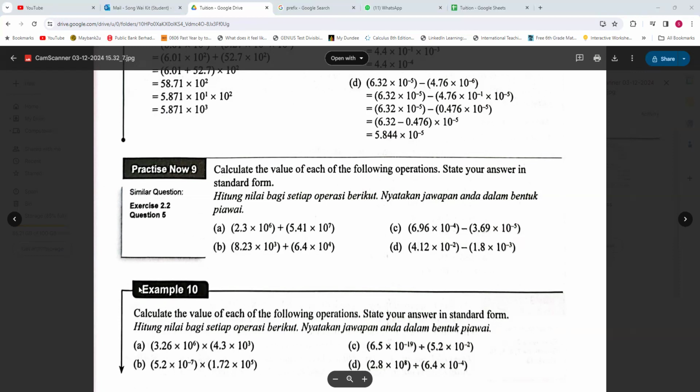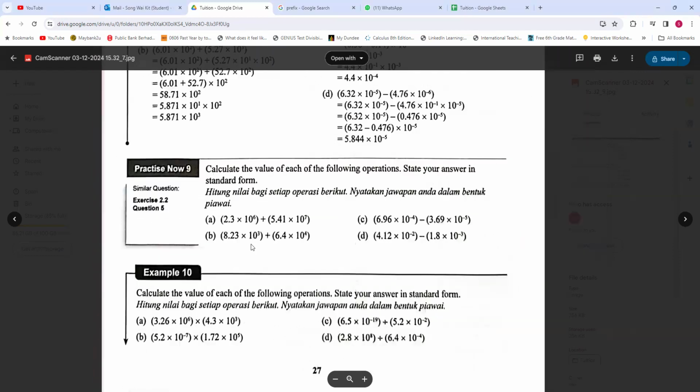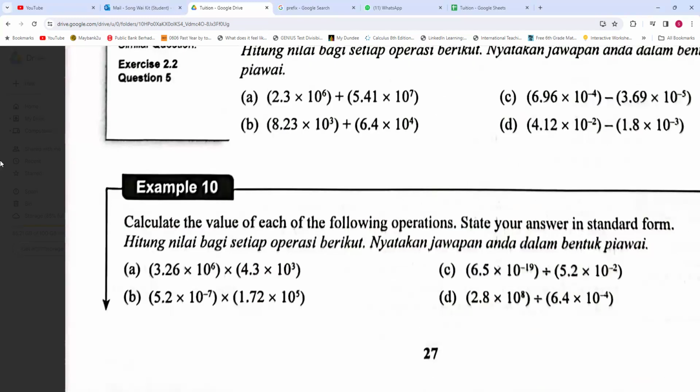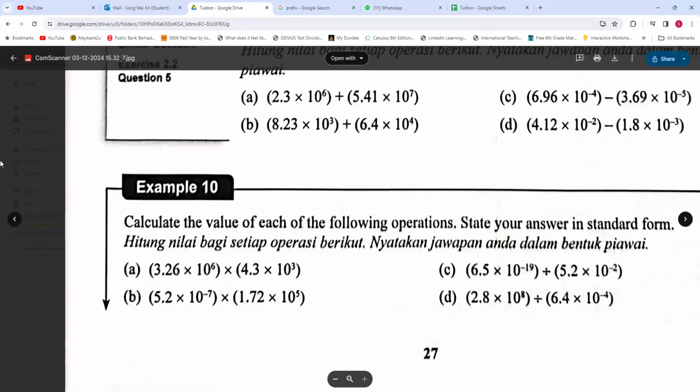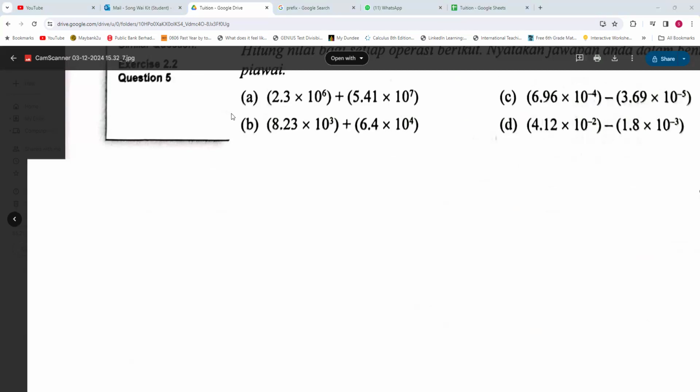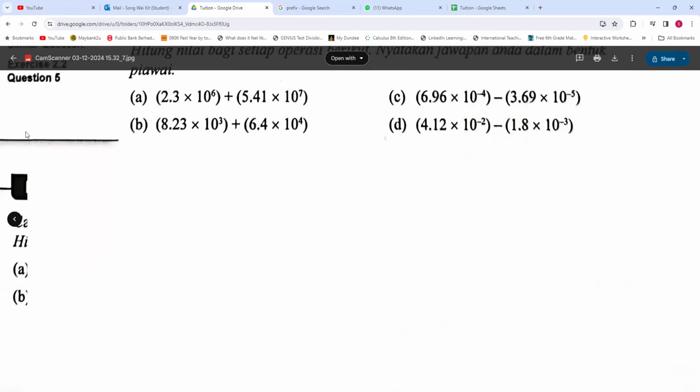All right, so we're going to answer the first one. Now I'm going to give myself a white canvas to work with. Give me a second. Okay, so for the first one, we're going to try A.